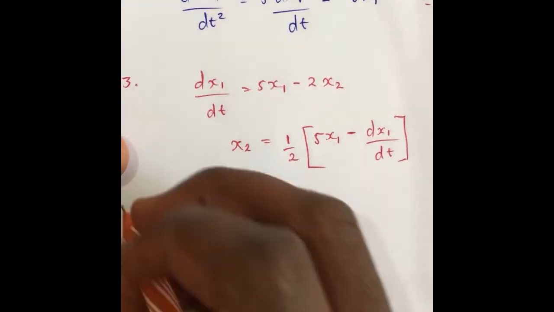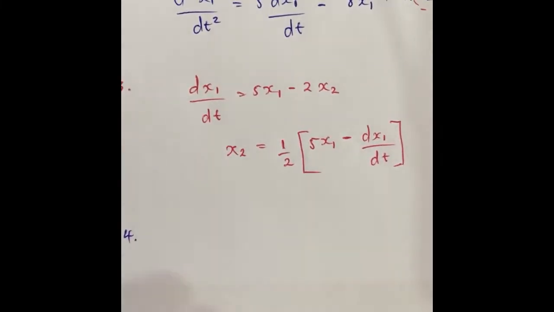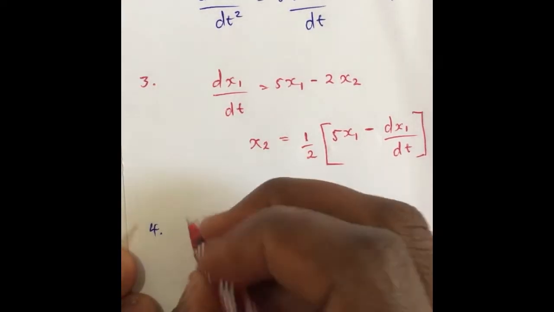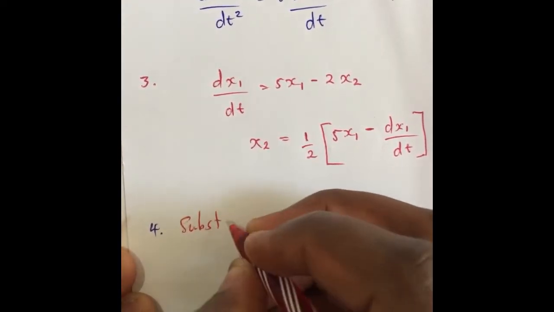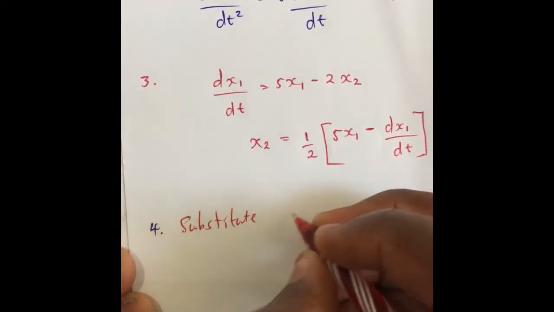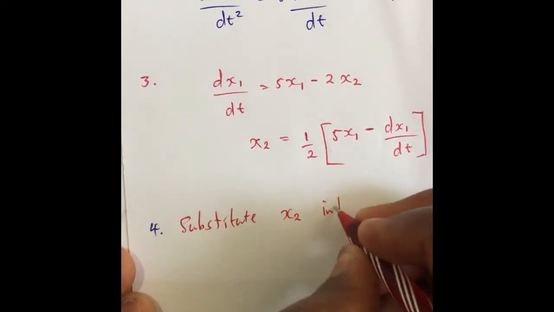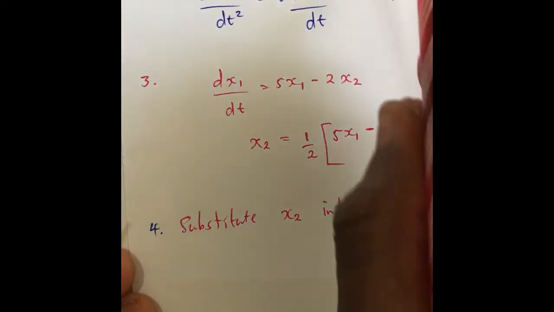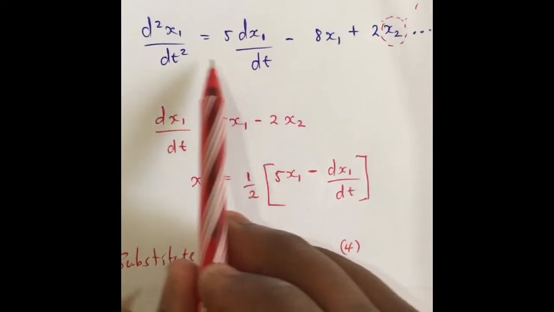Now the next step, which I call step 4, would be to substitute your x2 into equation 4. Remember, our equation 4 is this one over here.